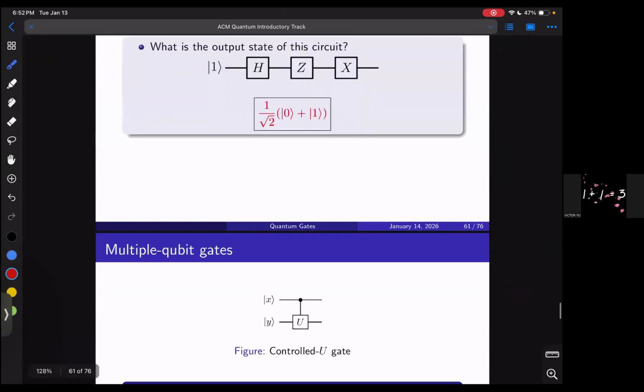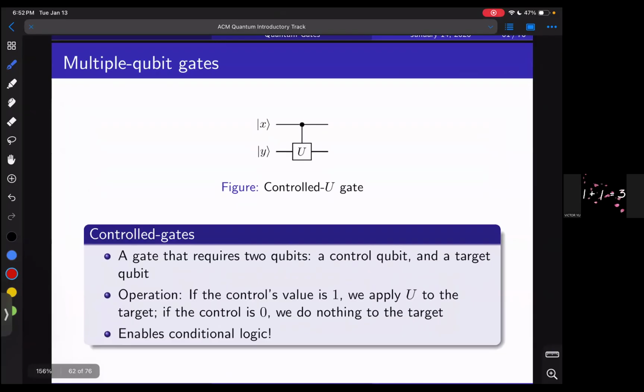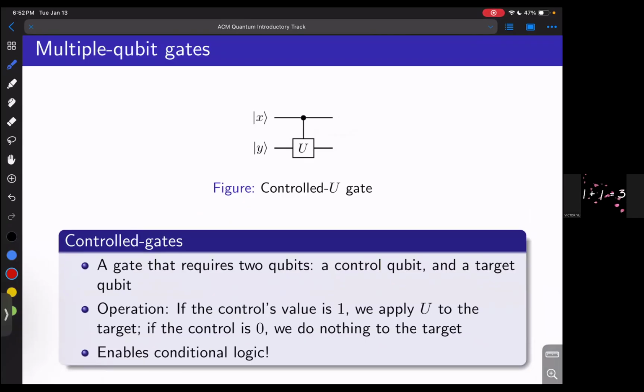Okay. Now we'll move on to the 2-qubit gates, which act on 2 qubits at the same time. Here is the main 2-qubit gate that we focus on, called a controlled gate. You have two registers, which are qubit states, X and Y. X is called the control, designated by the black dot, and Y is the target.